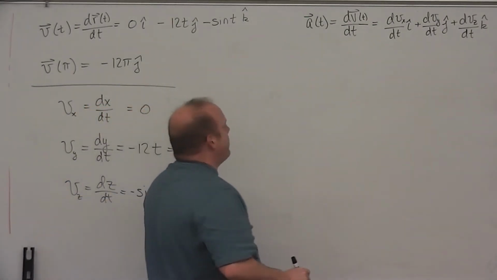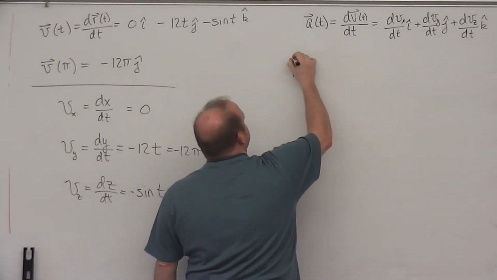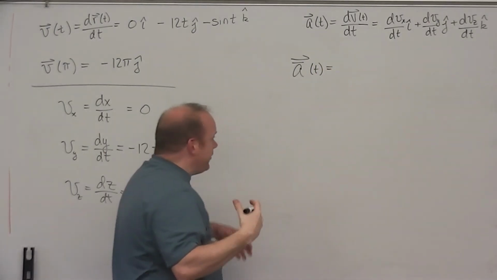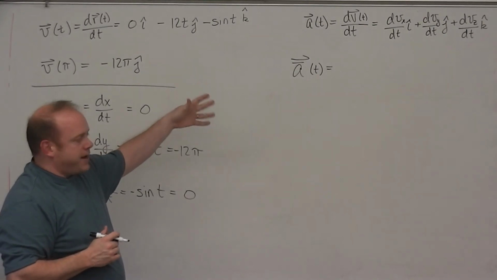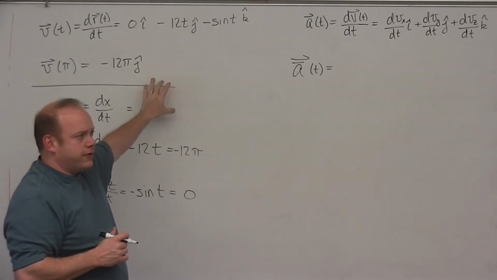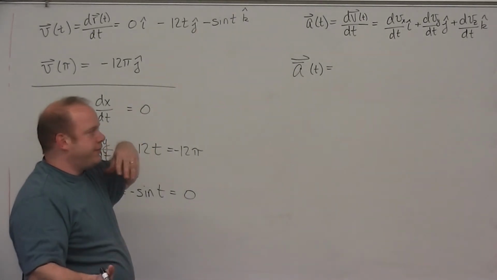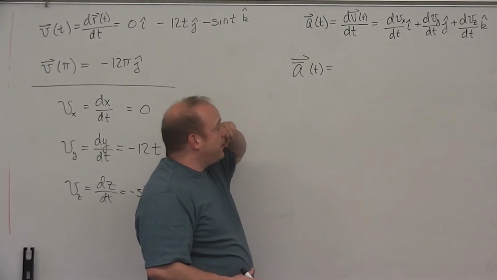And then we also have average acceleration, a bar. This is a perfect analog to going from position to velocity, as from velocity to acceleration.